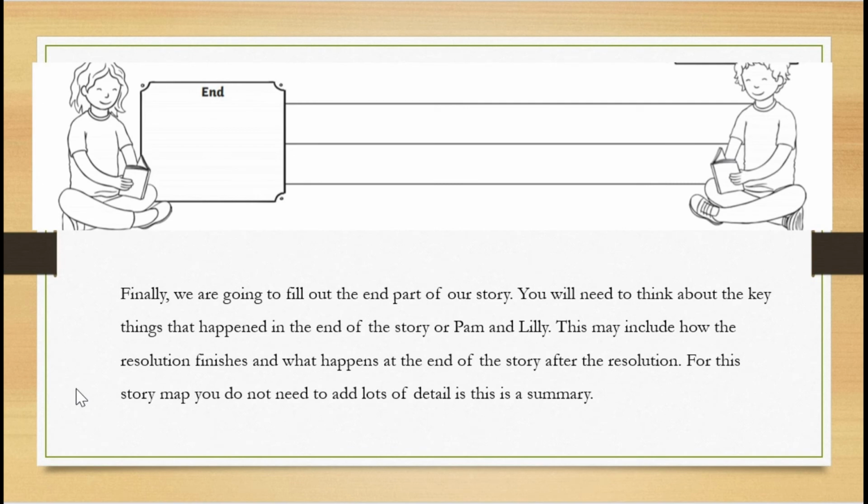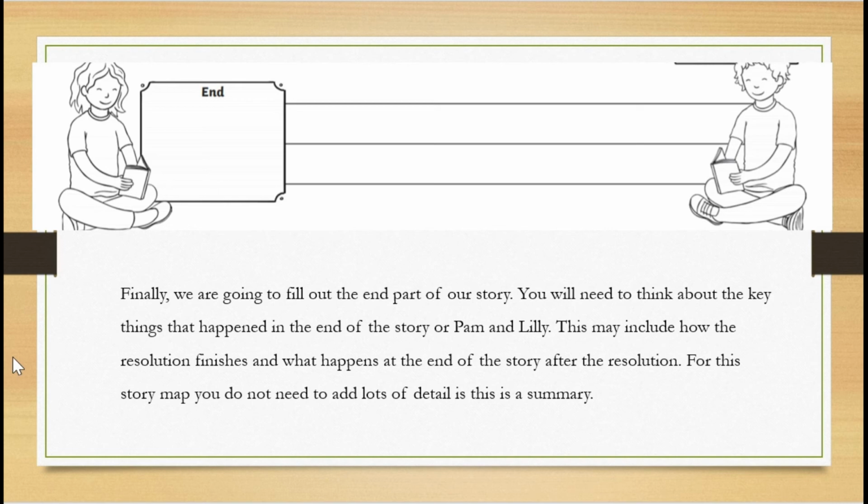Okay, the last part of this activity for Pam and Lily for today is you'll need to think about the things that happen at the end of the story. Remember what we included in the middle. Now everything that's left over we're going to add into this. We don't need much detail, we're just summarizing again. Just a couple of sentences will do.